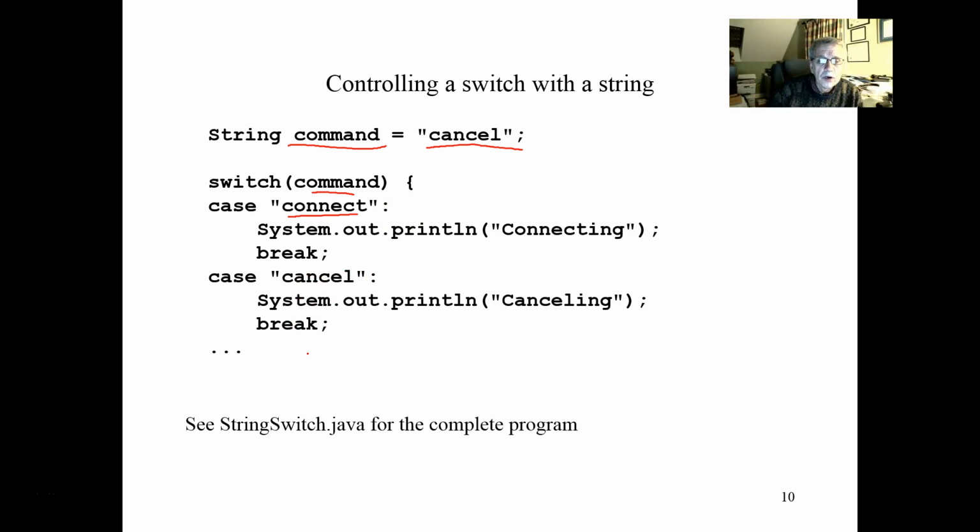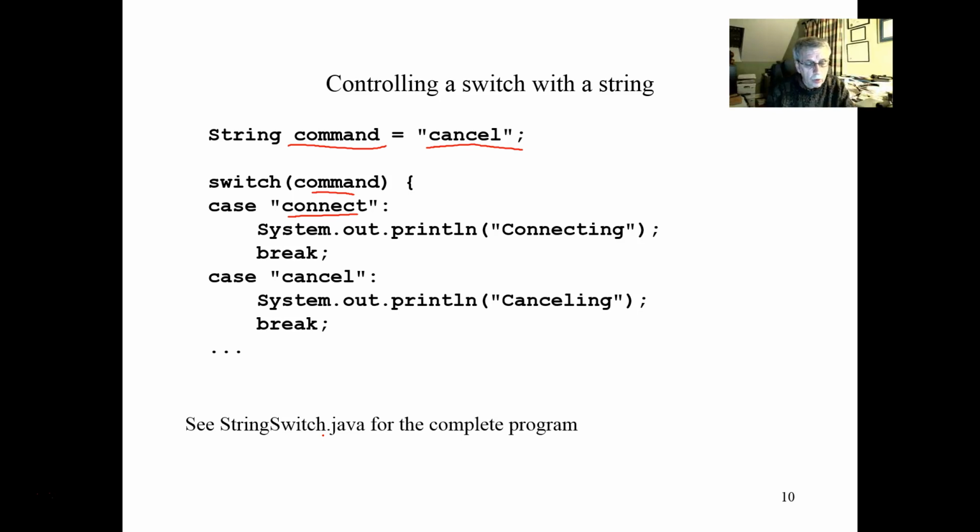And again, we could have a default block, and we could have several other case labels if we wish to. The point, though, is we're doing the compare almost like we were doing it with integers and other data types without the need to use the equals method. So that's pretty interesting. The complete code is available in stringswitch.java.